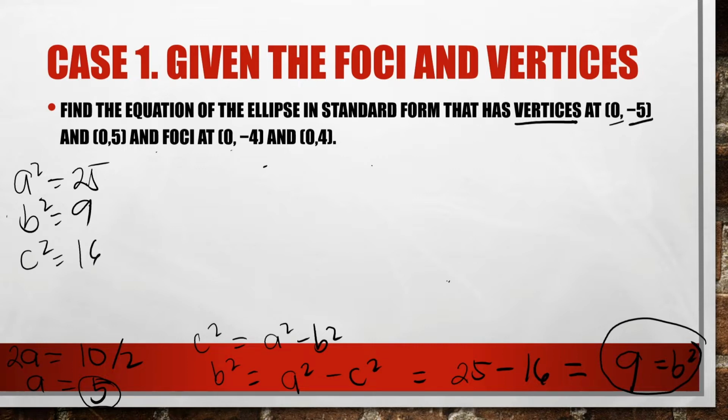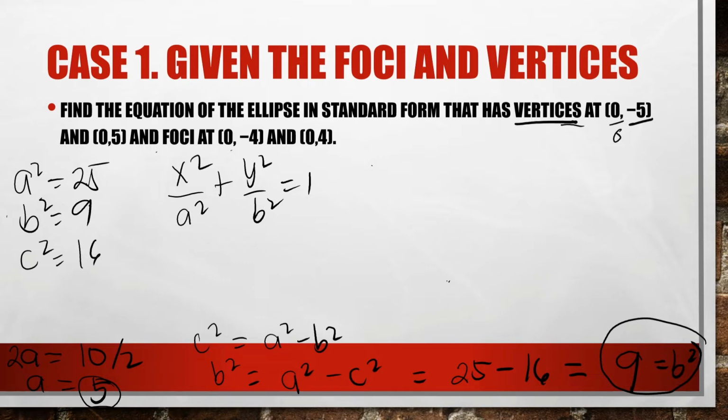Next is gagamitin na natin yung standard form. x squared over a squared plus y squared over b squared is equal to 1. Pero, syempre, check natin kung nasaan ba talaga yung major axis. Di ba yung vertices, 0 and negative 5. So, 0 sa x-axis.